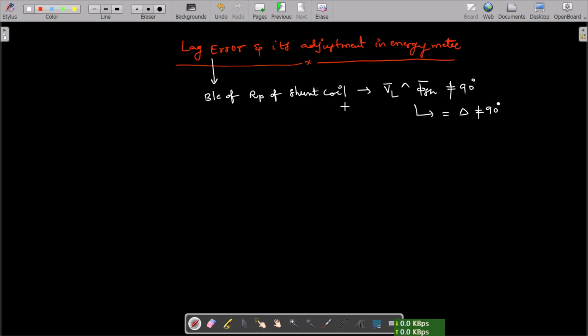This thing we have already seen in the deflecting torque equation of the energy meter.